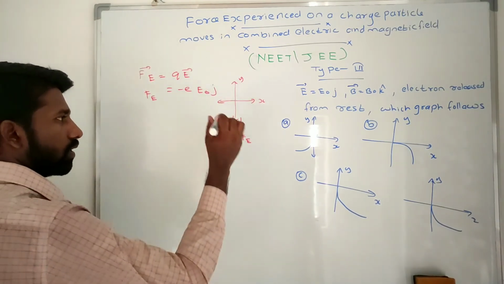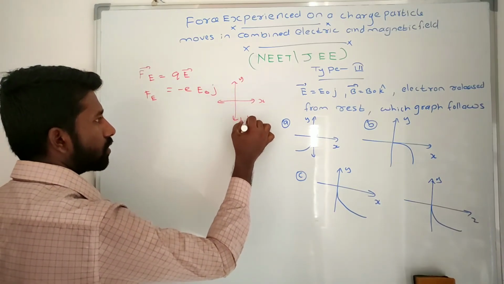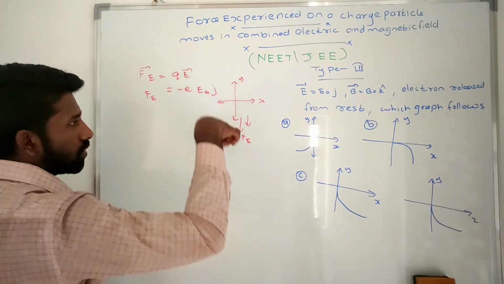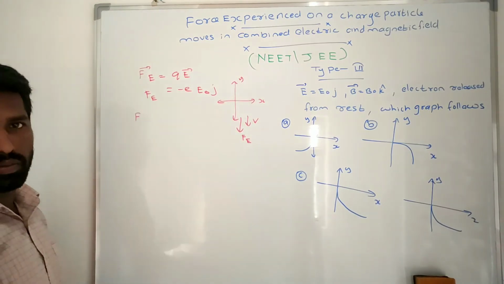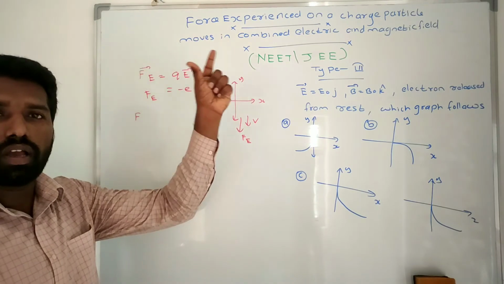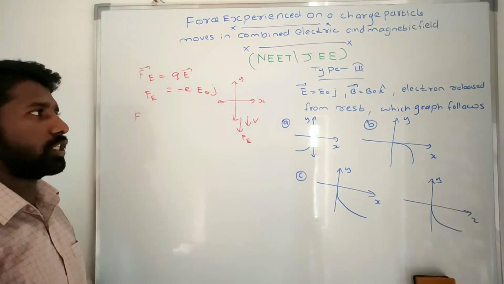So what about the velocity? The electron started to move in this direction. Then, since the electron has started to move, the magnetic force will be experienced.